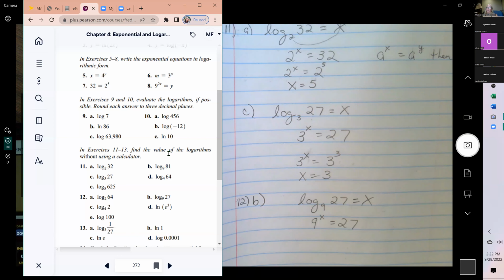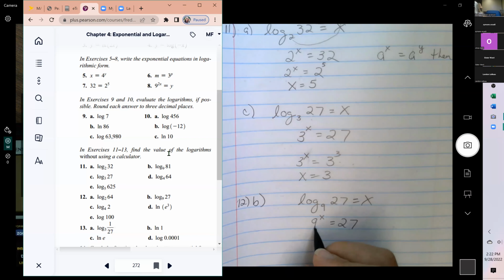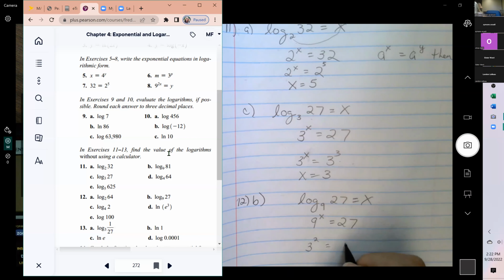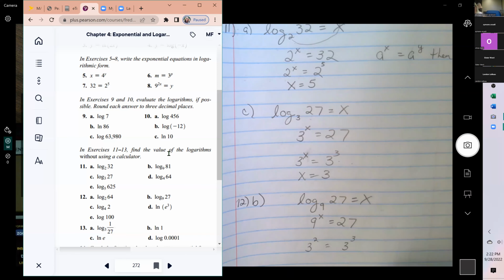Can 27 be written as 9 to a power? No. But we can make both 9 and 27 the same base. Because 9 is 3 squared, 27 is 3 cubed.